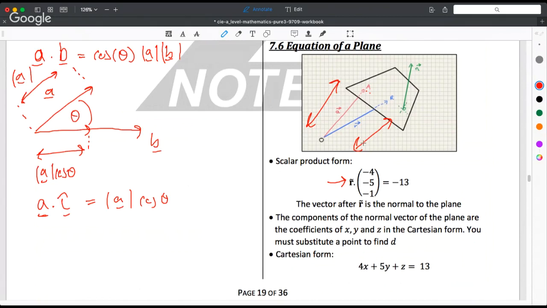Which means that it defines a complete plane, because the distance from the origin along this vector is the same for all of these points.